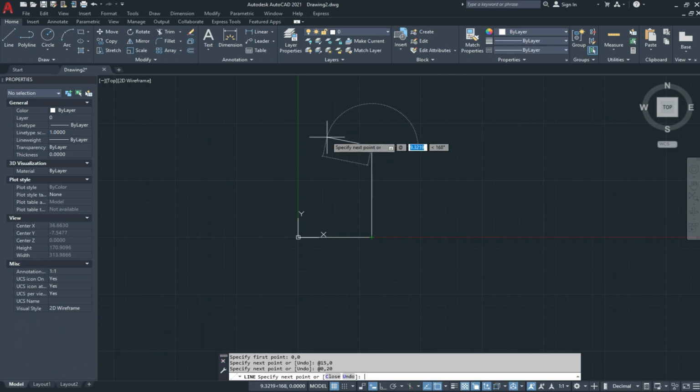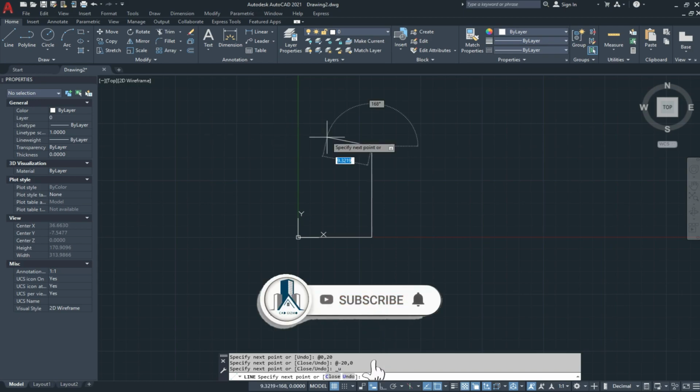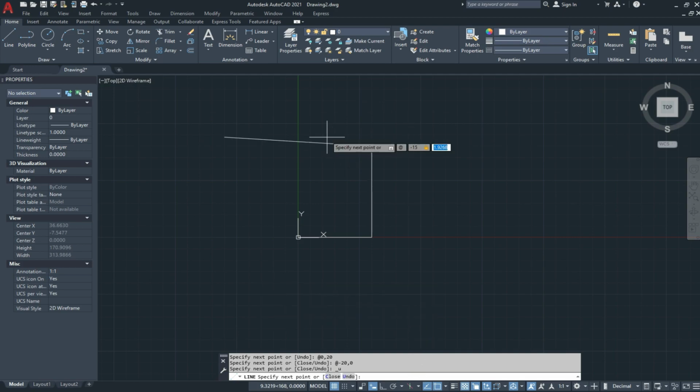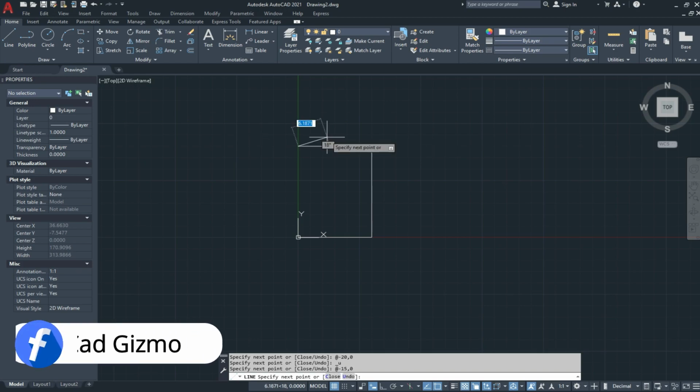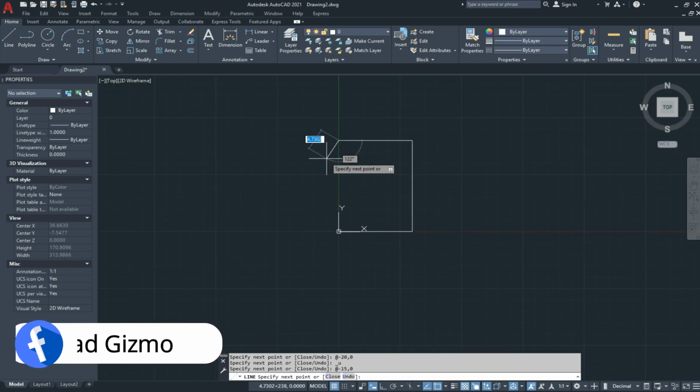Now again at the rate, give the value minus 20 because it's in left side, so we give the negative value, and comma 0 in y axis. Shift at the rate minus 15, 0 in y axis.